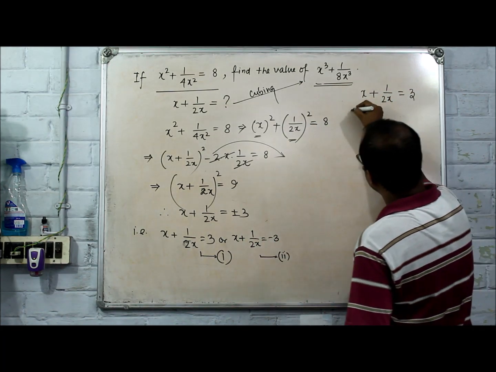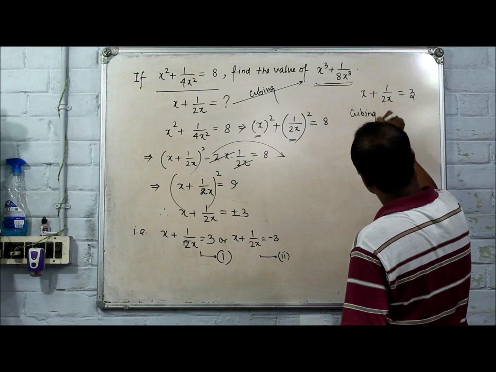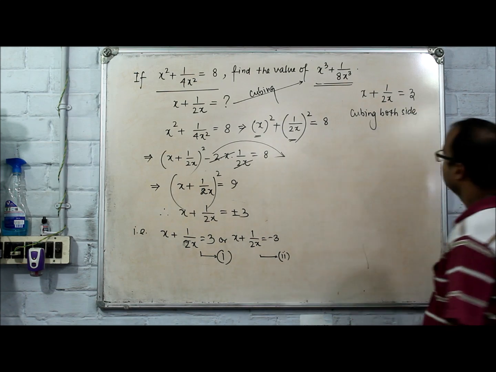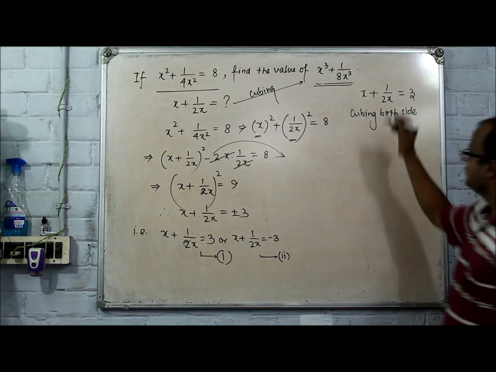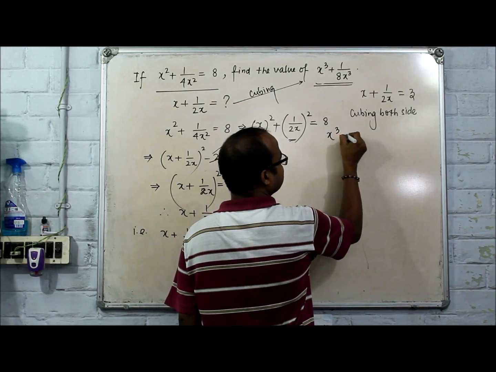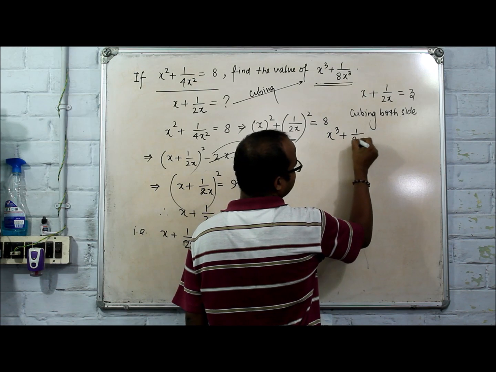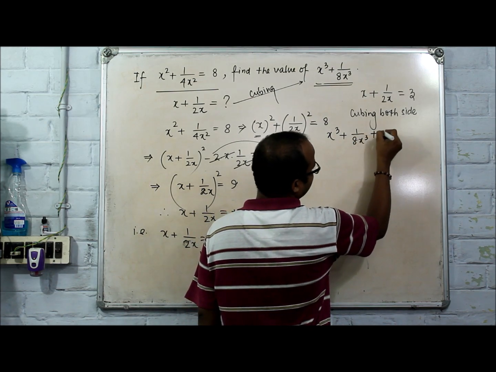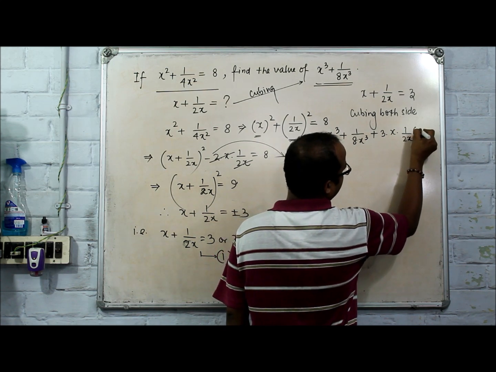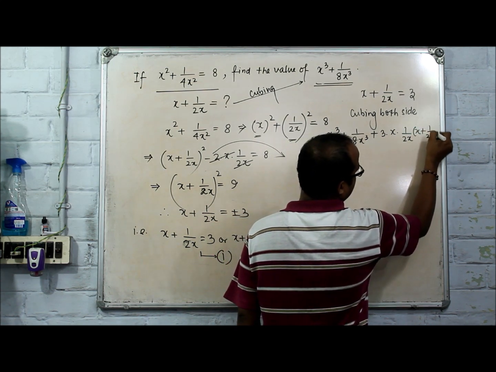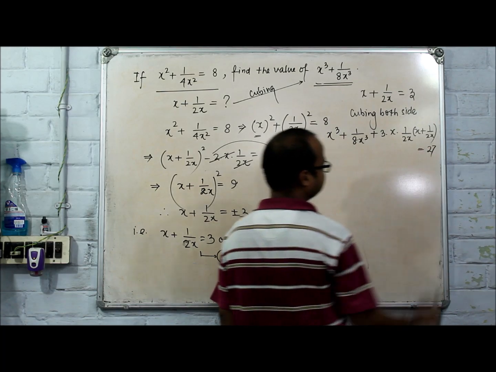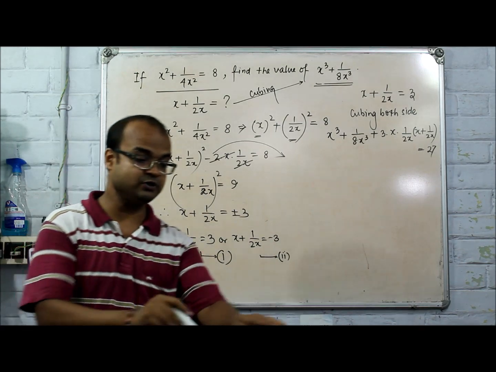So now cubing both sides, you will get a cube plus b cube plus 3 into a into b, a plus b is equal to 3 cubed, which is 27. I hope you understand this one.